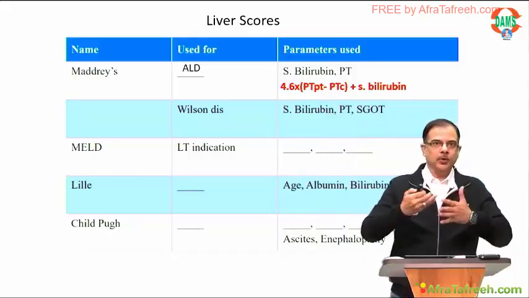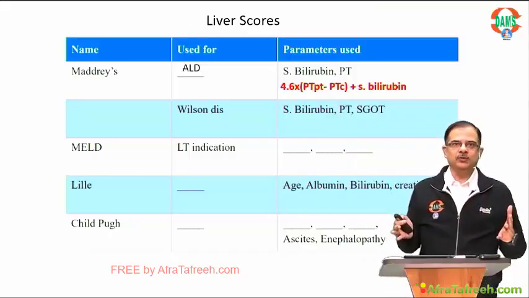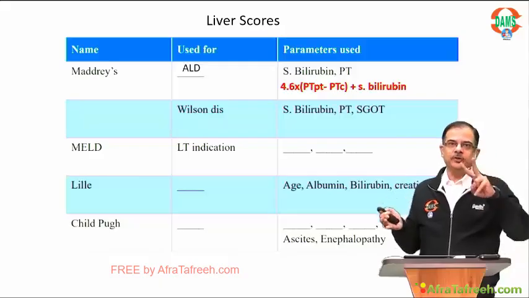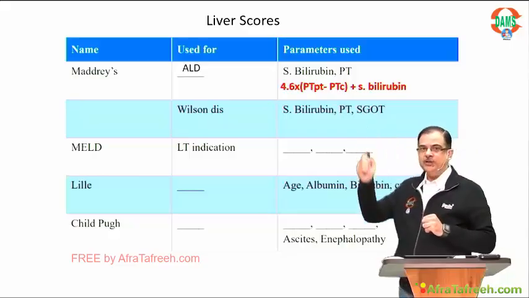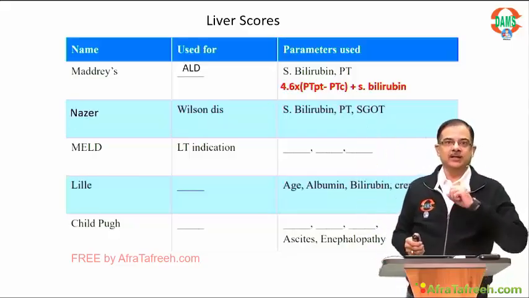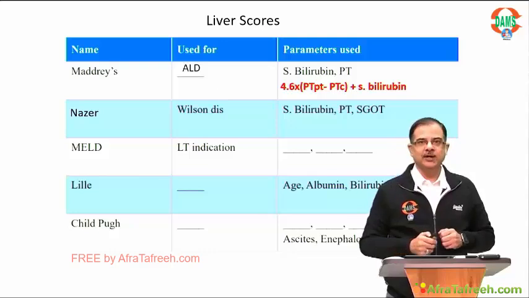So your options will be ruled out. Here SGOT is additionally taken. This is the Nazer score, used for Wilson disease.